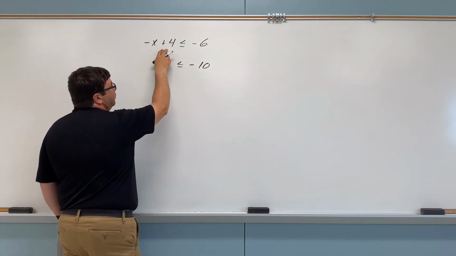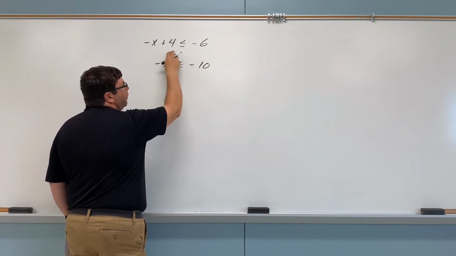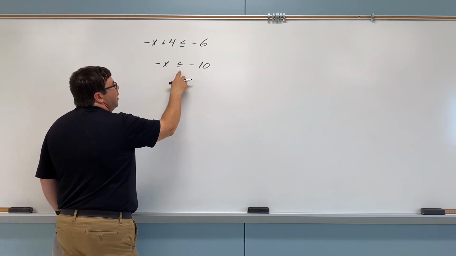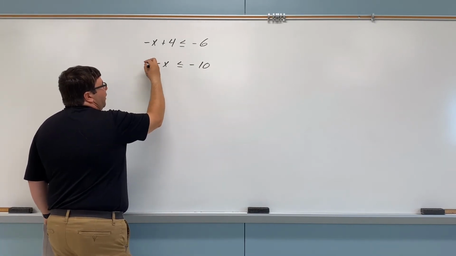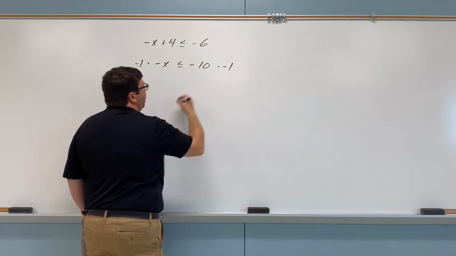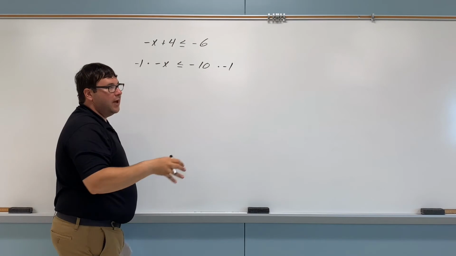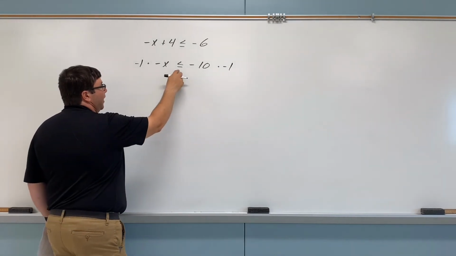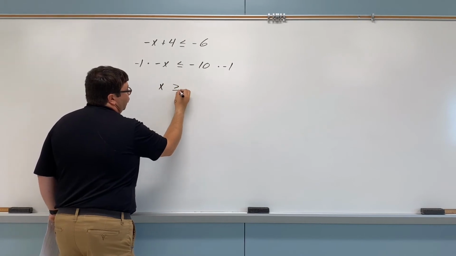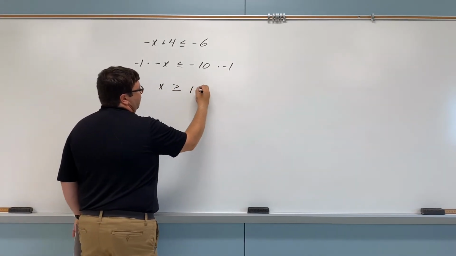Whenever you add or subtract values across the inequality, the sign does not change. But because this is a negative x, we're going to multiply by a -1. Remember, whenever you multiply or divide by a negative value, the sign does change. So this is x is now greater than or equal to 10.